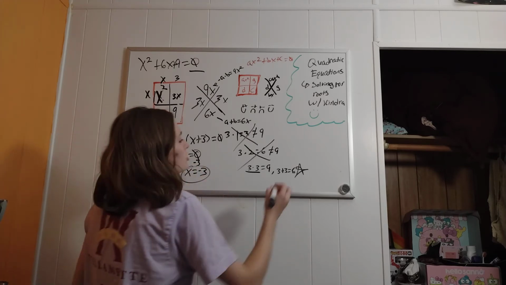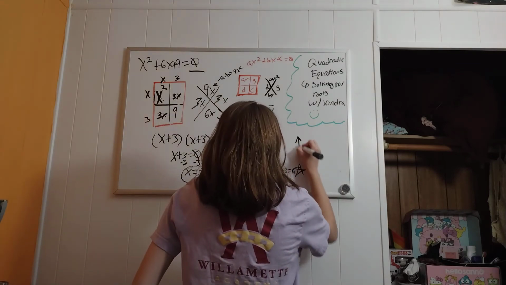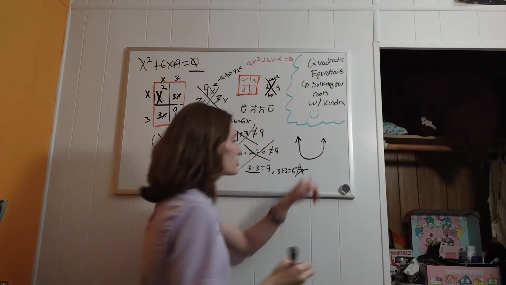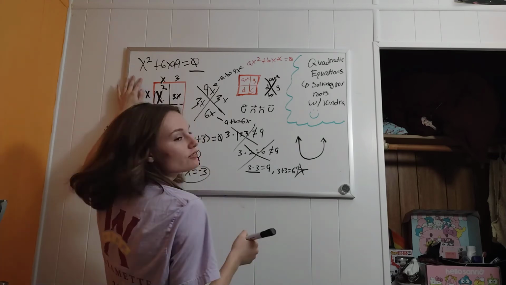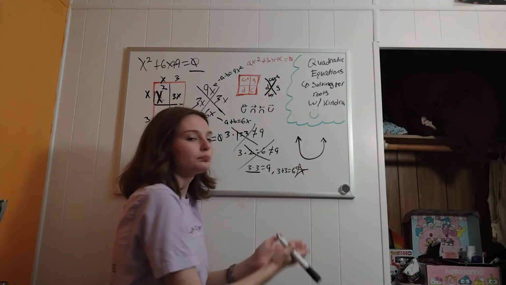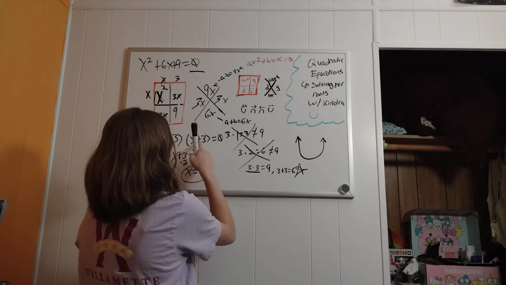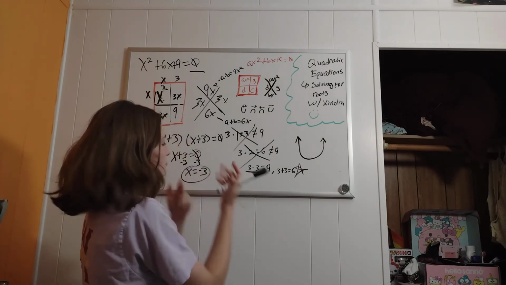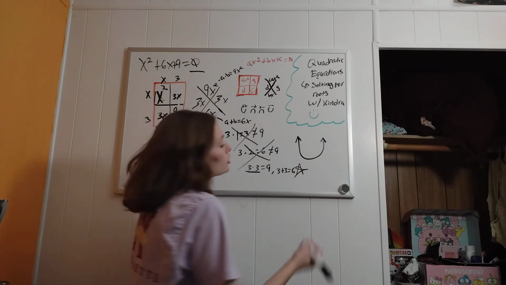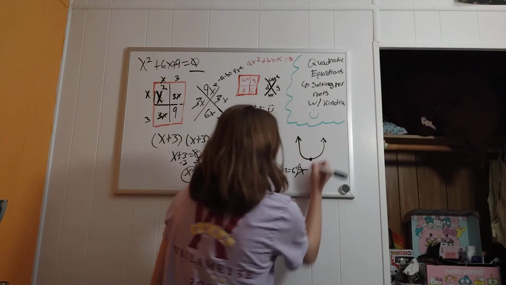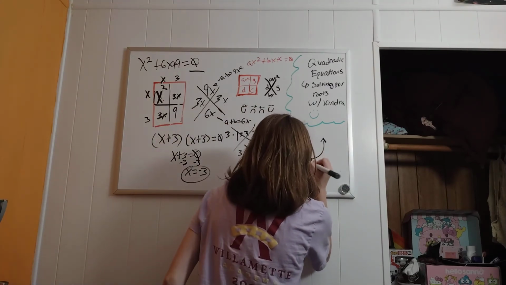So we know our parabola is going to look like this, of course, because that is the graph of a quadratic equation. Since we have one common number, and if we solve the other factor it will be the same, x equals -3, this root is at the vertex because they are the same number.